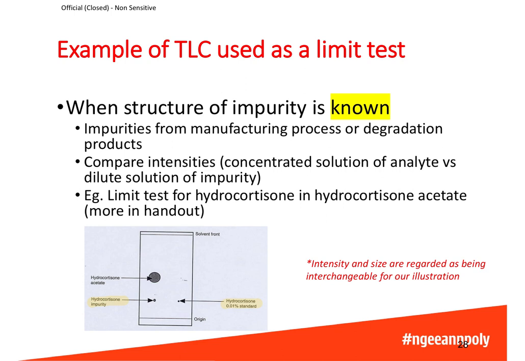Just a note here, if you are looking at a real TLC plate, you will be able to observe both the size and the intensity of the spot, which corresponds to how much sample there is. However, in the illustration, we can only look at the size of the spot, so let's assume that the intensity is also correlated with the size of the spot.